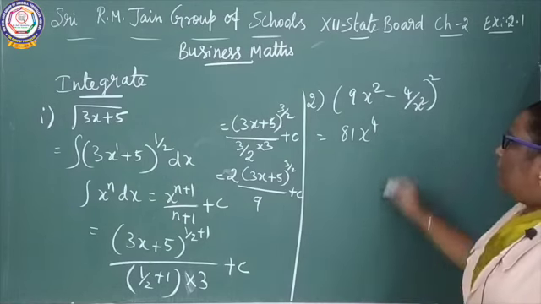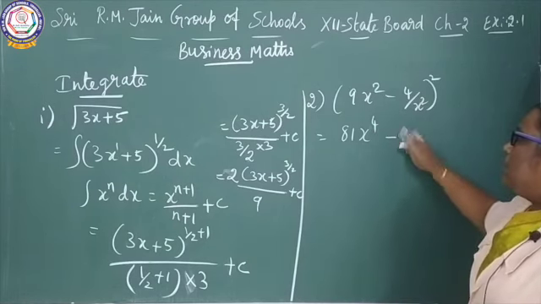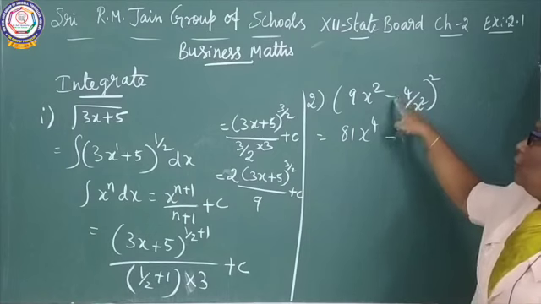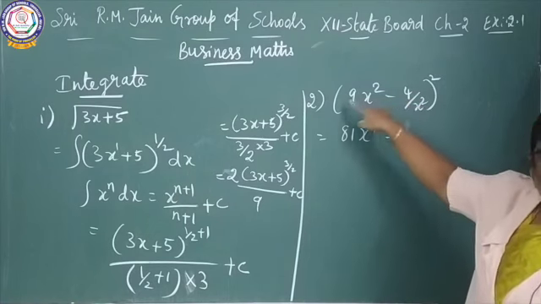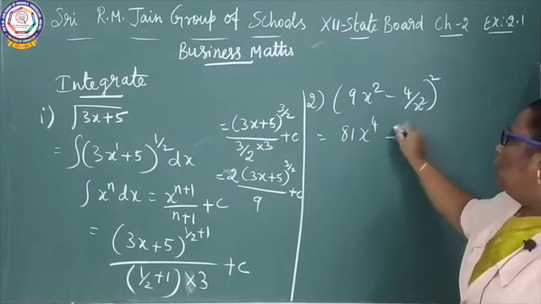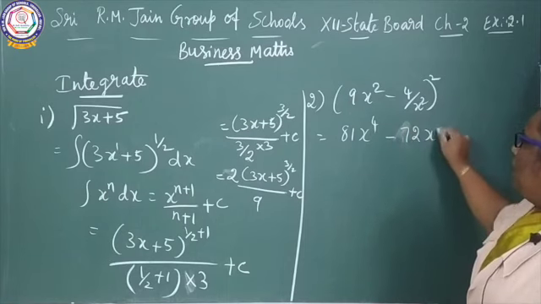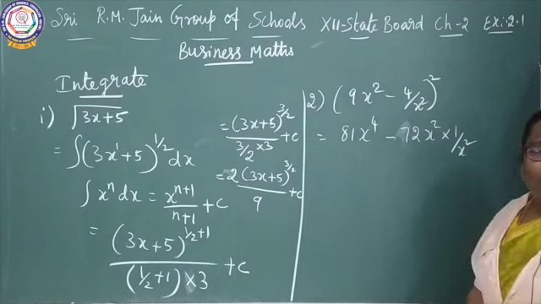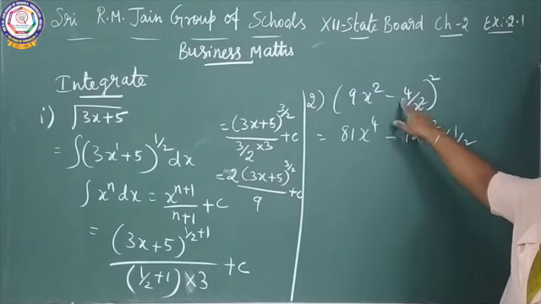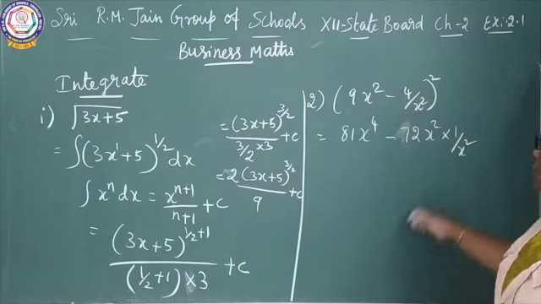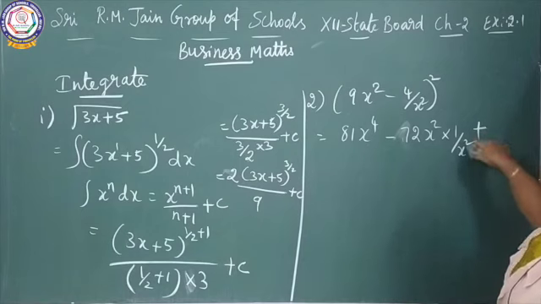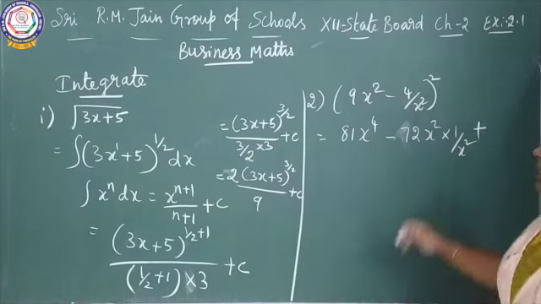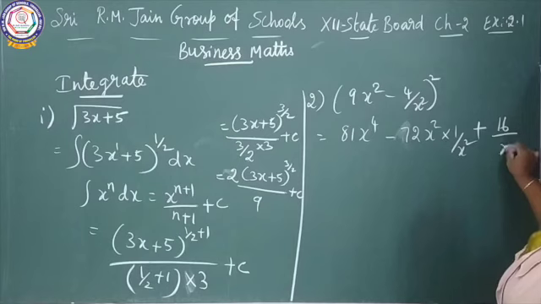Minus 2ab: 2 fours are 8, 8 nines are 72, so 72 x square into 1 by x square. Plus b square, 16 by x power 4.